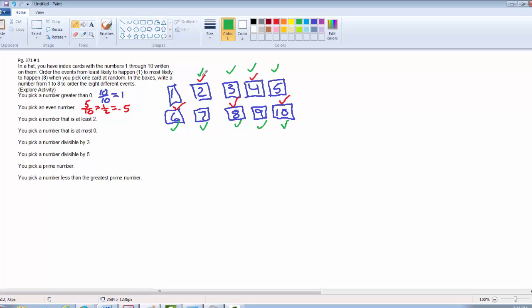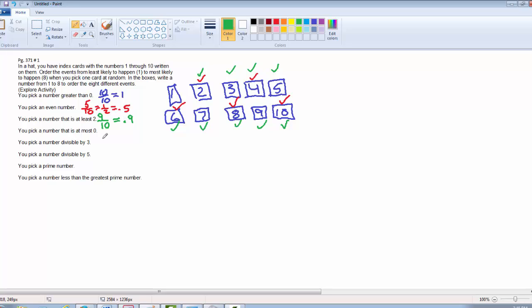Okay, so we go back and we count them when we have the green. We got 1, 2, 3, 4, 5, 6, 7, 8, 9. So we have a total of 9 out of 10. And if we change that over to a decimal, it's going to be 0.9.